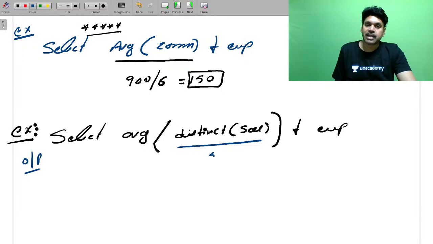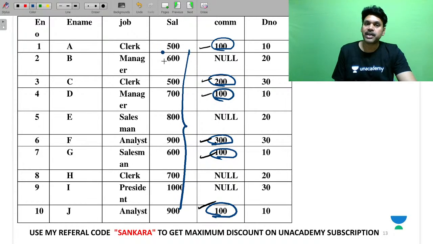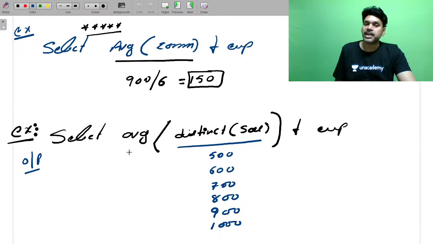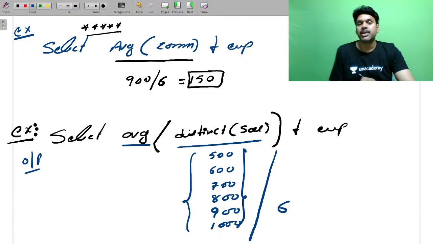How many distinct salaries are there? 500, 600, 700, 800, 900 and 1000. These are the distinct salaries in our database; the rest are redundant. I want to find the average among them, so sum them and divide by the count. Divided by 6 is your answer.